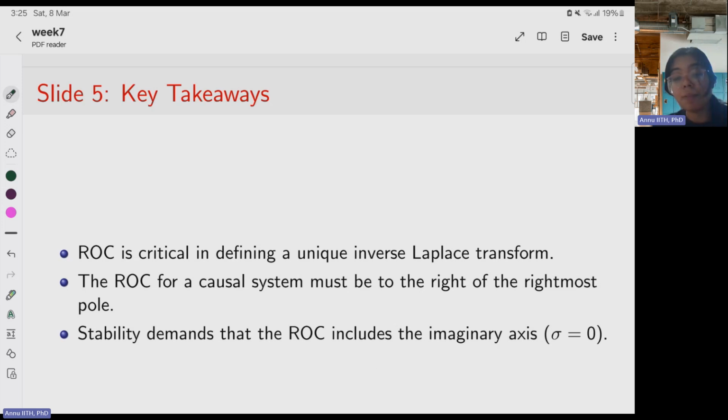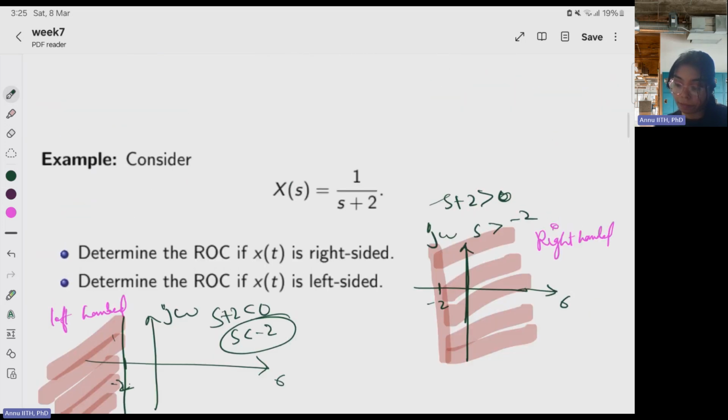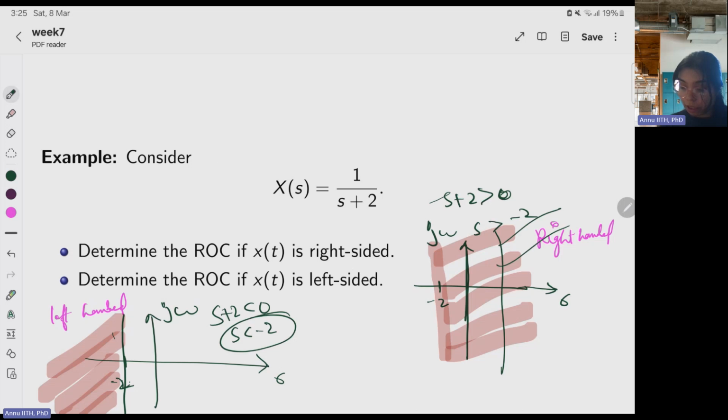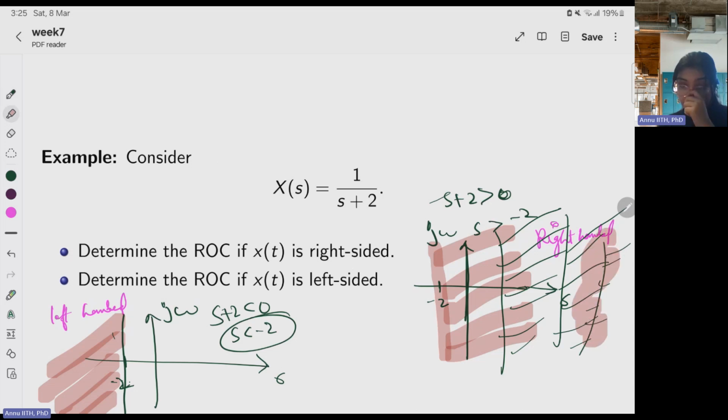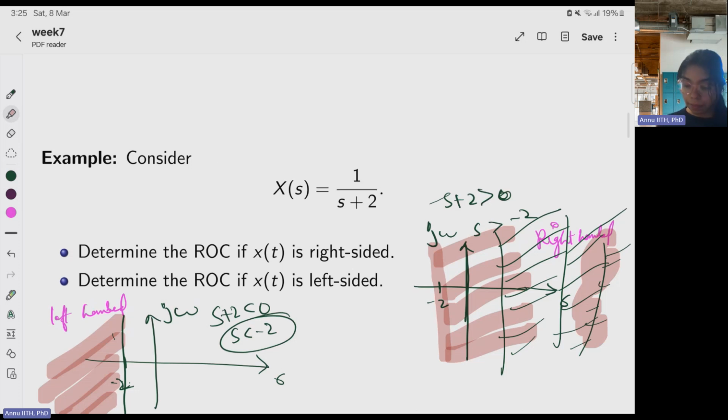Why? Because we want the right one to be the rightmost, as you can see from this figure. If you have the right pole here somewhere, we want this much, because practicality comes from here. The more causal the signal, the more practical it is.